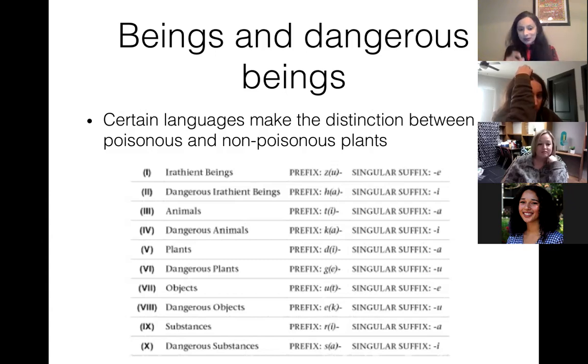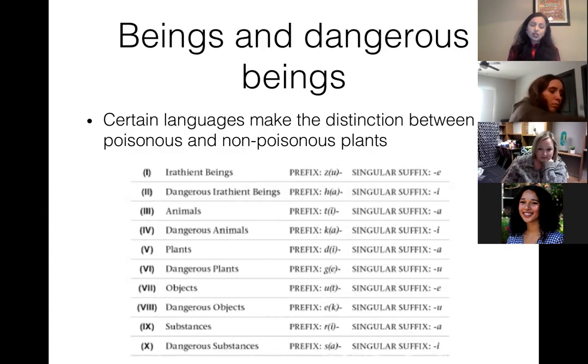Animals and dangerous animals, plants, dangerous plants. So basically, it's a distinction between a poisonous and a non-poisonous plant or something like that, what he means by dangerous plants. And depending on whether the object was dangerous or non-dangerous, it had a different prefix. So that was how he distinguished the noun classes as opposed to the number distinction in Bantu languages.